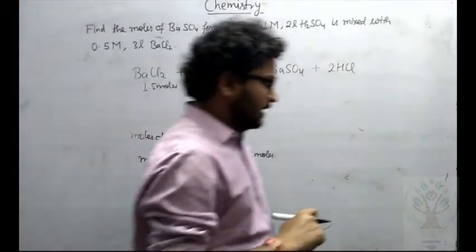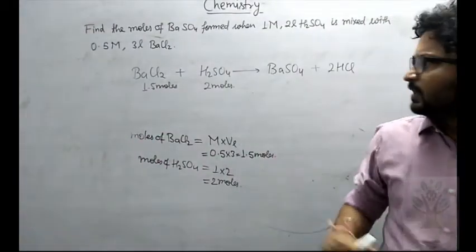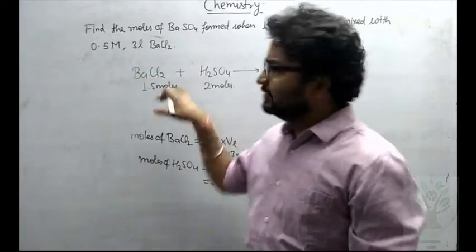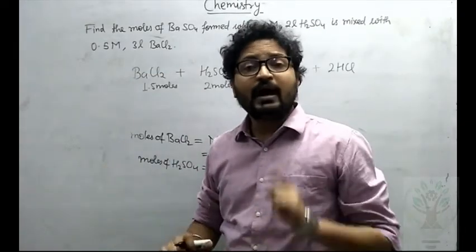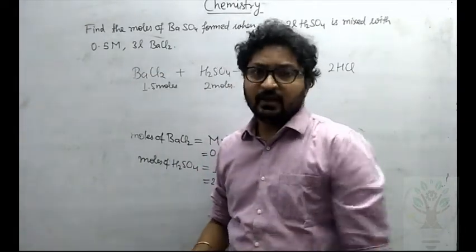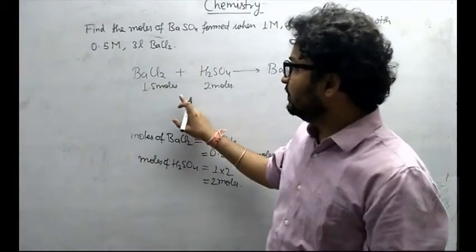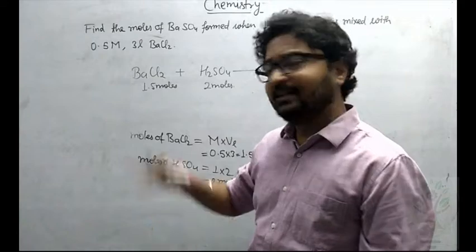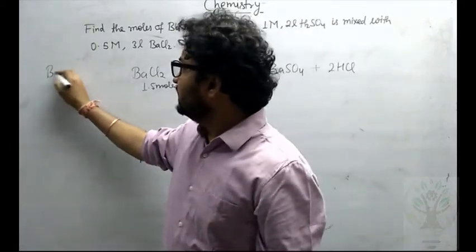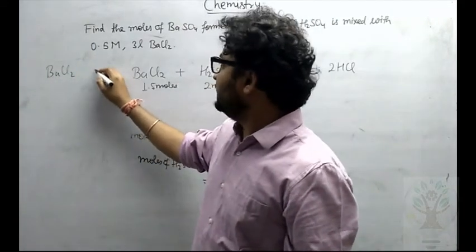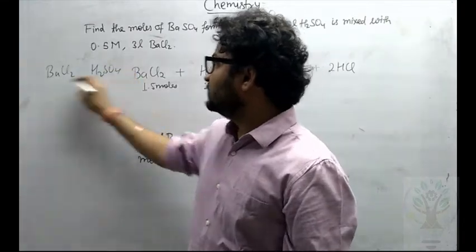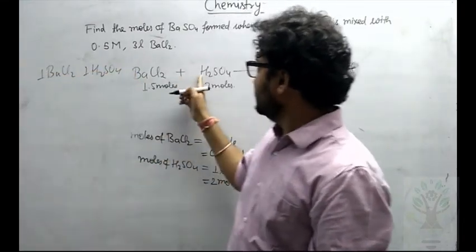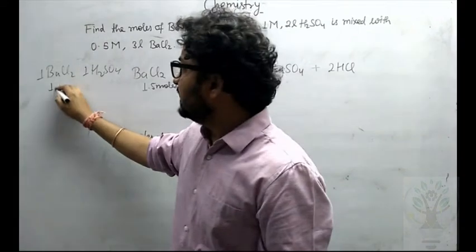Clear? Good. Now tell me one thing very honestly: will I solve the question directly? No. First of all I will find the limiting reagent. For that, I will divide these moles by the stoichiometric coefficient, but in the rough. So first let me write BaCl2 and here H2SO4. Here the stoichiometric coefficient is 1, here also 1. Now here how many moles do I have? 1.5.